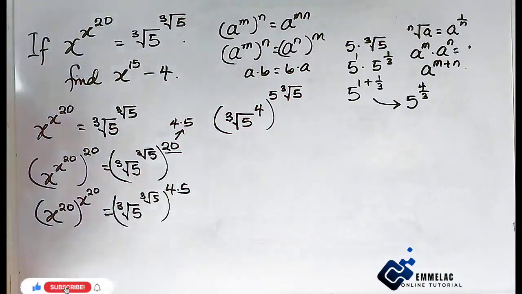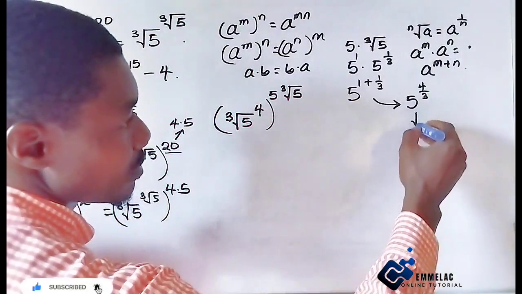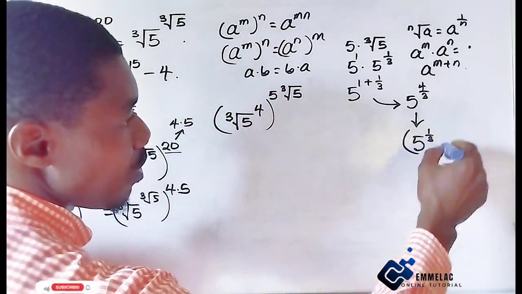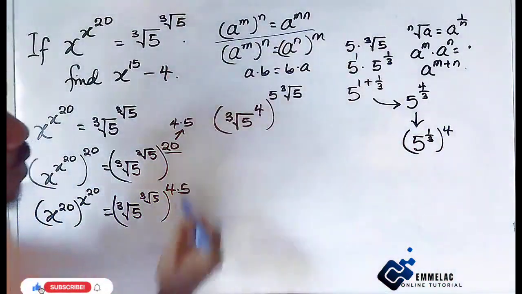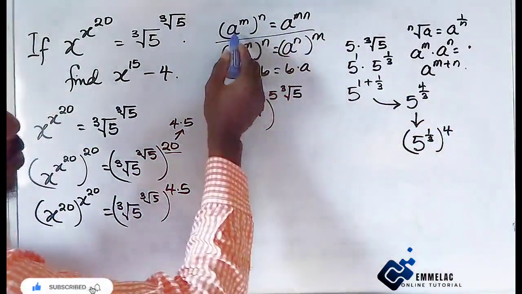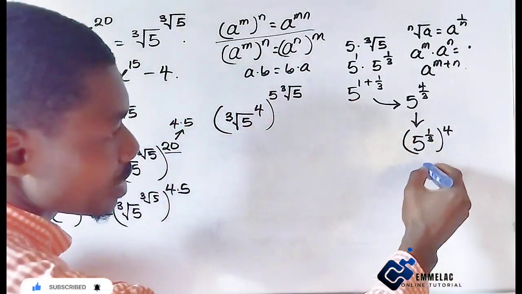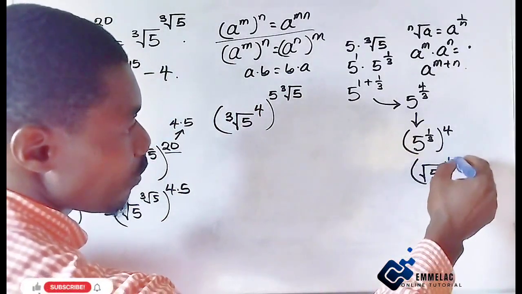Now, if this is the case, we can also say that this is 5 raised to the power of 1 over 3, all raised to the power of 4, according to this law. We have now split this into this pattern, and we can also say this is the cube root of 5 raised to the power of 4, isn't it?